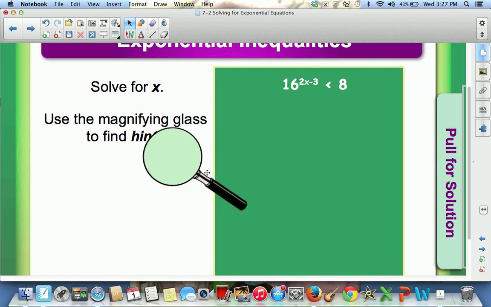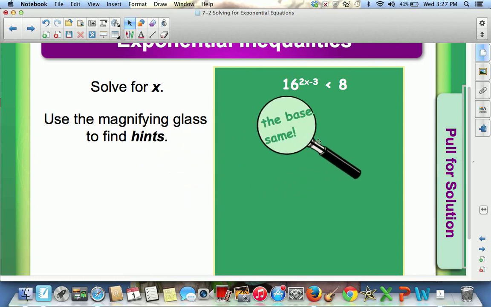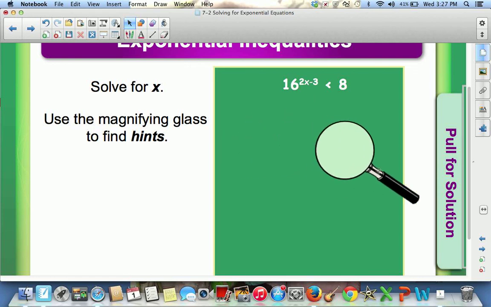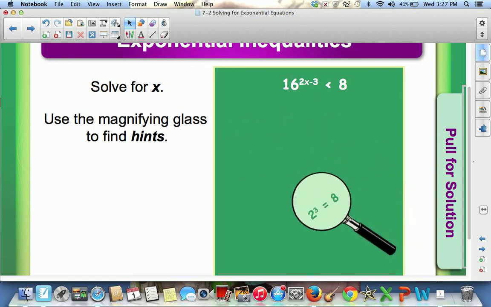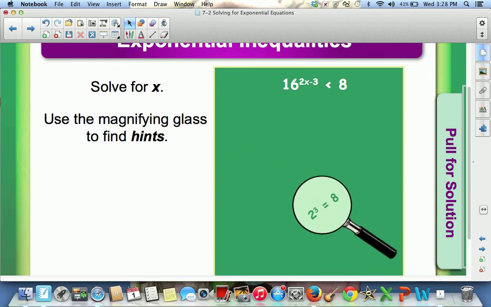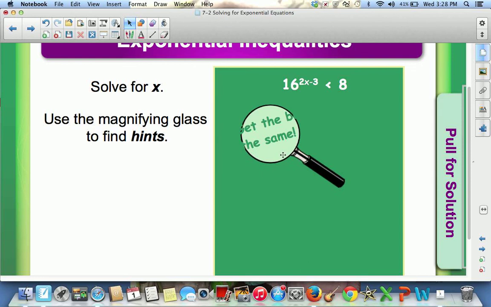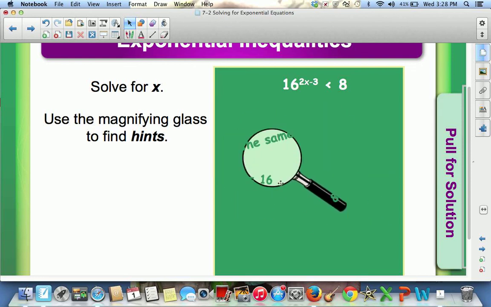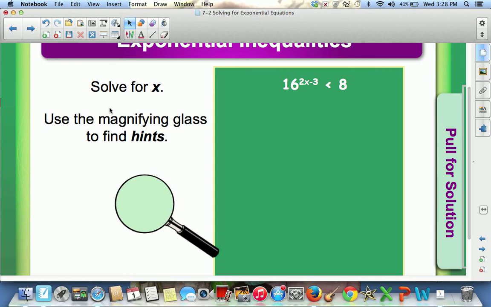All right, the base is the same. What else? 2 to the 3rd equals 8. That's helpful. And 2 to the 4th equals 16. So here are some hints for you. Go ahead and pause the video and see what you come up with.